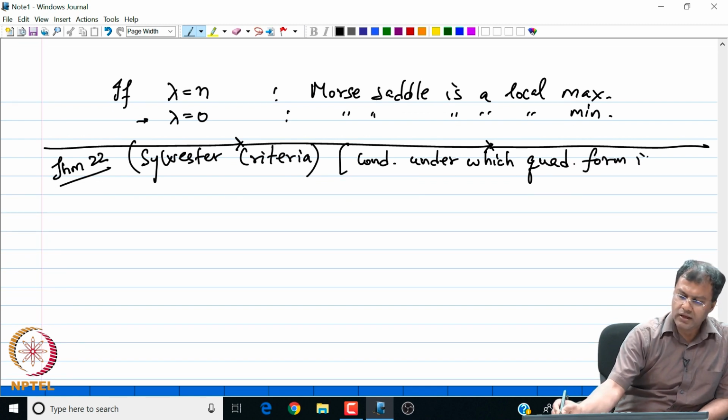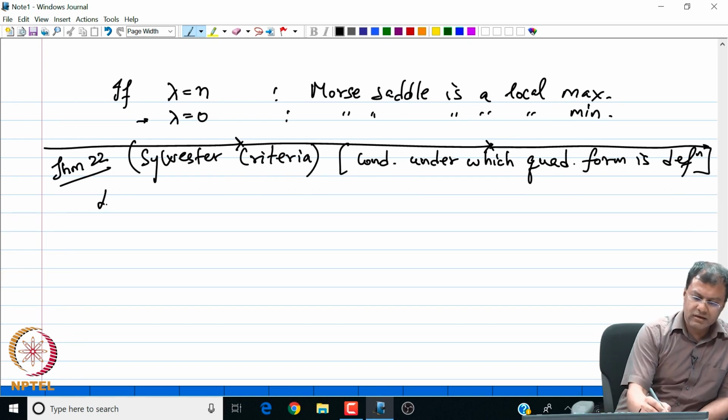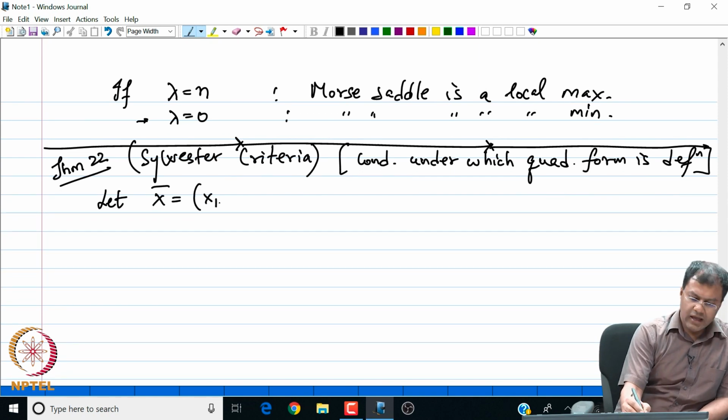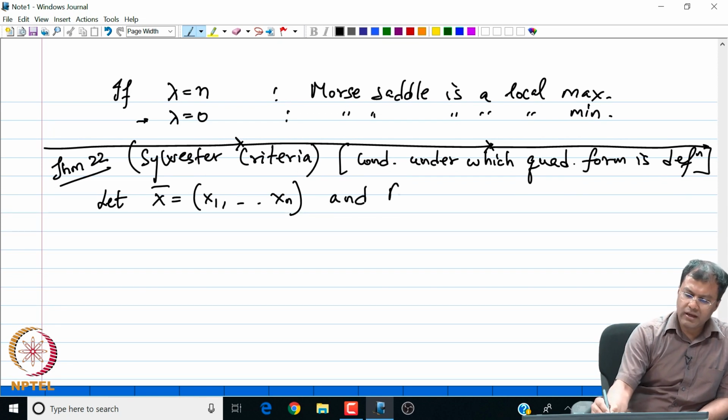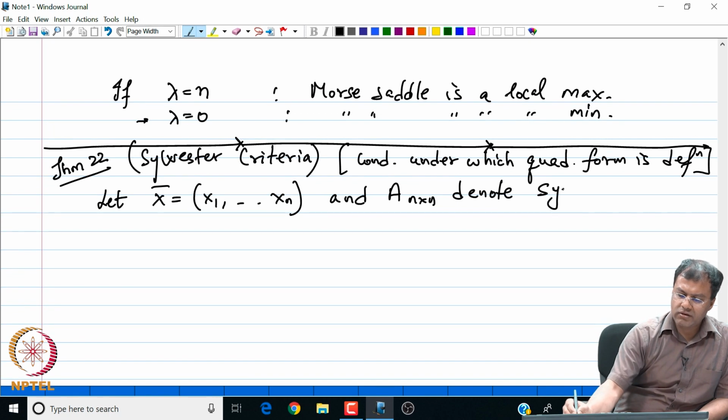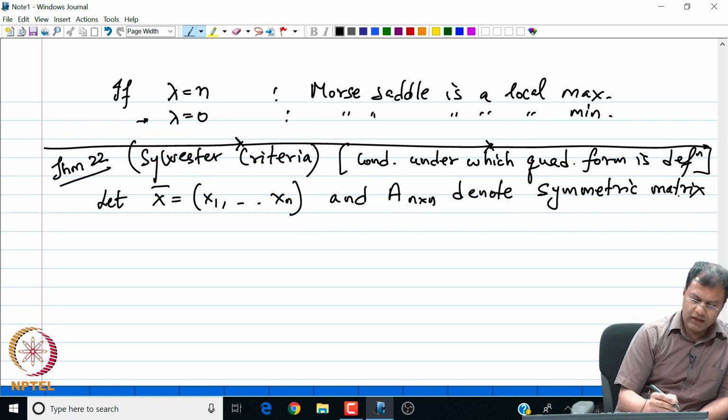form is definite, right. So, the statement says: consider a vector of the form x1 to xn, and let A denote an n by n symmetric matrix with entries a i j.